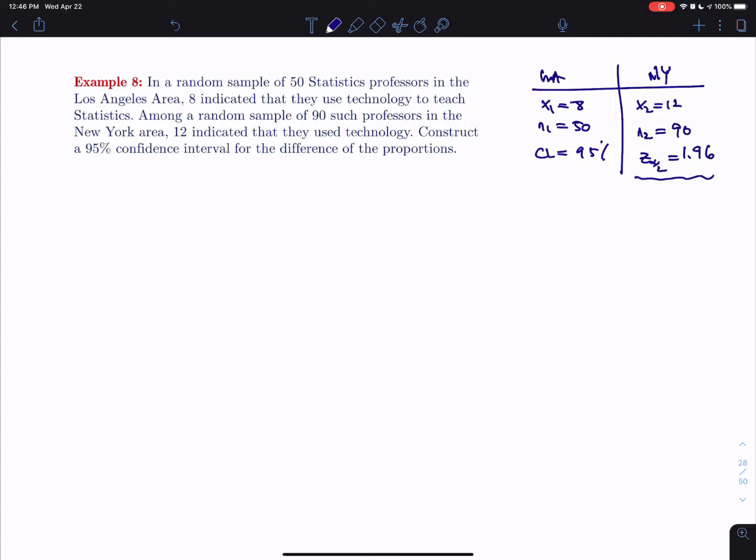All right, now the question is to construct a 95% confidence interval for the difference of proportions. So I'm just going to write the formula anyways, just so you could see it one more time, actually handwritten.